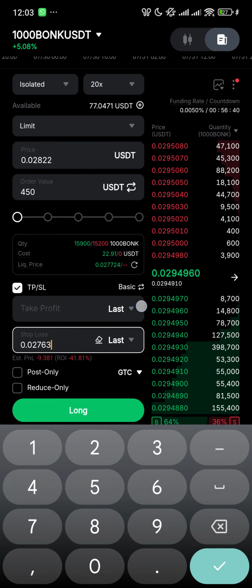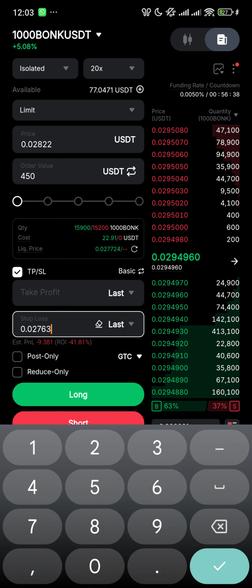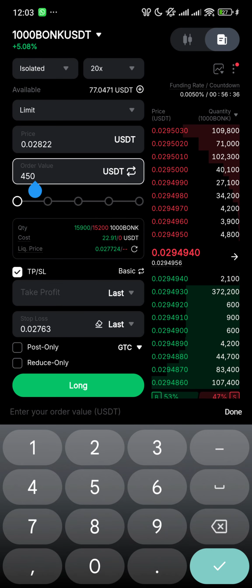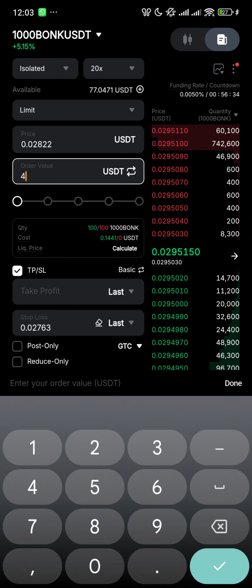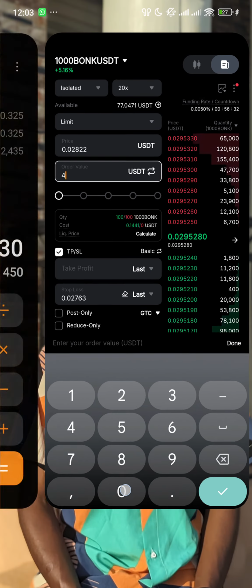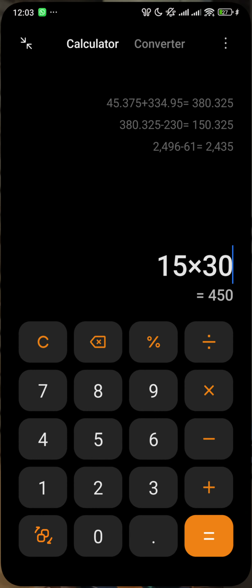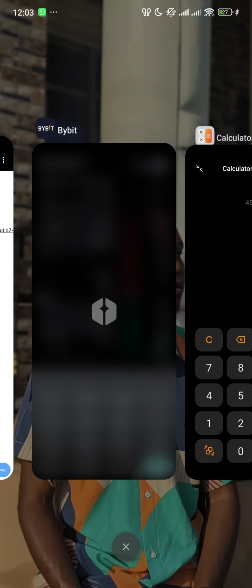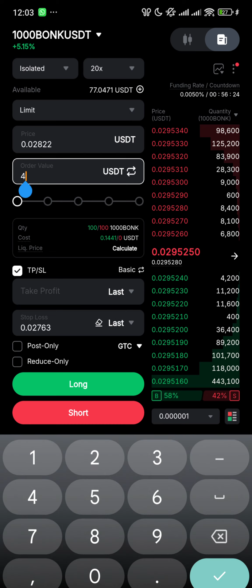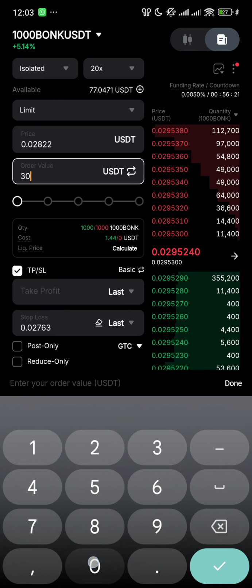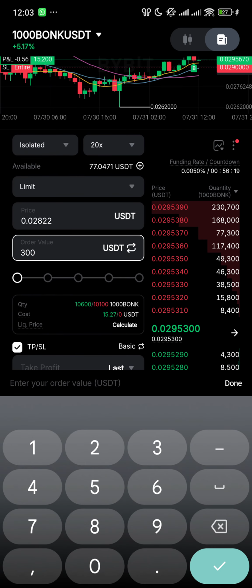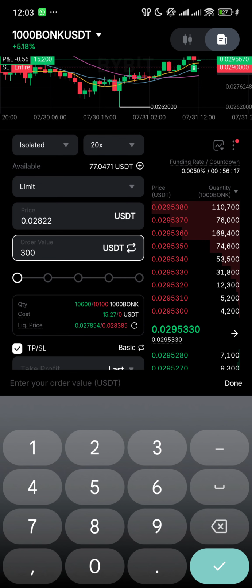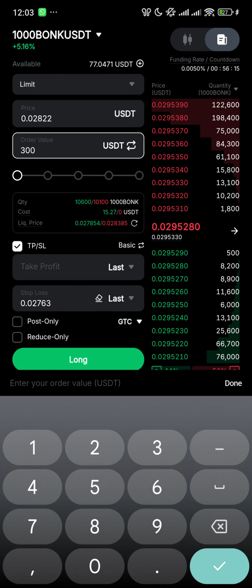Oh, sorry. 15 times 20. Sorry, I was using the wrong leverage. 15 times 20, yeah, 300. Sorry, it's supposed to be 300. I went to use 450. I was having a wrong calculation earlier. Sorry for that, guys. So you just need to be very careful. It's even good that I'm showing you all of these things so that you know how to protect yourself. 36, not 63.